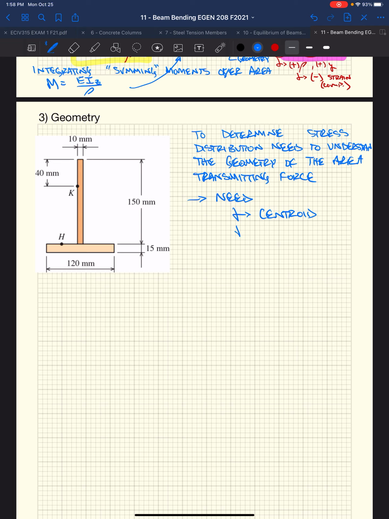We need the centroid, and we need the moment of inertia. Let's look at the centroid first.